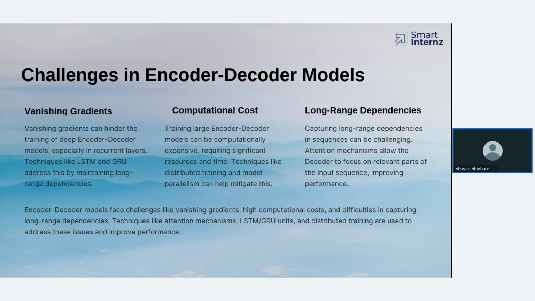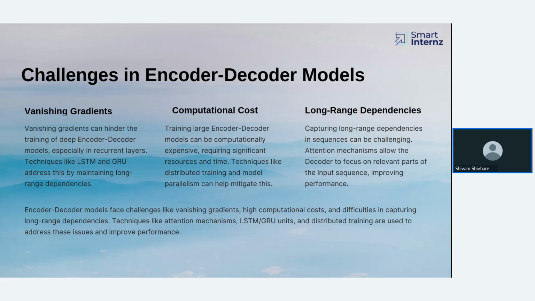We already discussed the vanishing gradient problem, right? With it, the weights being updated become 0, then the neurons become 0, and the model will not give appropriate results. We need to take that into consideration. Computational cost: while using the encoder, we need to train with a huge amount of data and servers.